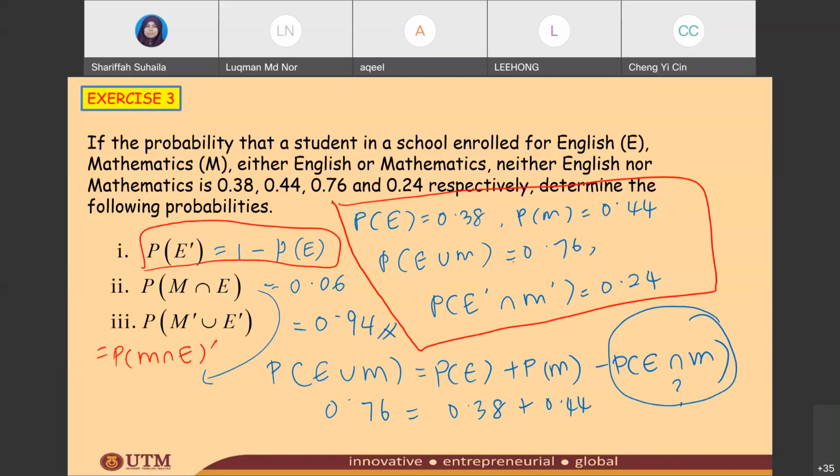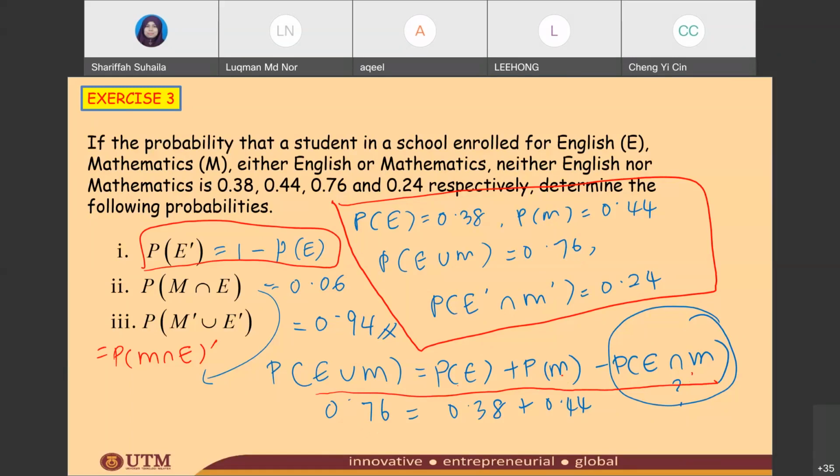We already know E union M is 0.76, so use the additive rule of probability: probability of E plus probability of M minus the intersection. We have E union M, probability of E and probability of M, so find probability of M intersect E. E intersect M is the same as M intersect E.